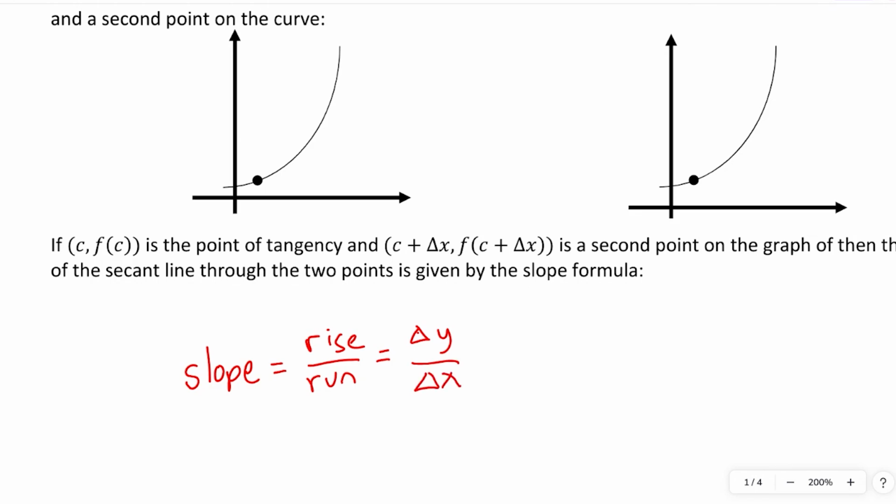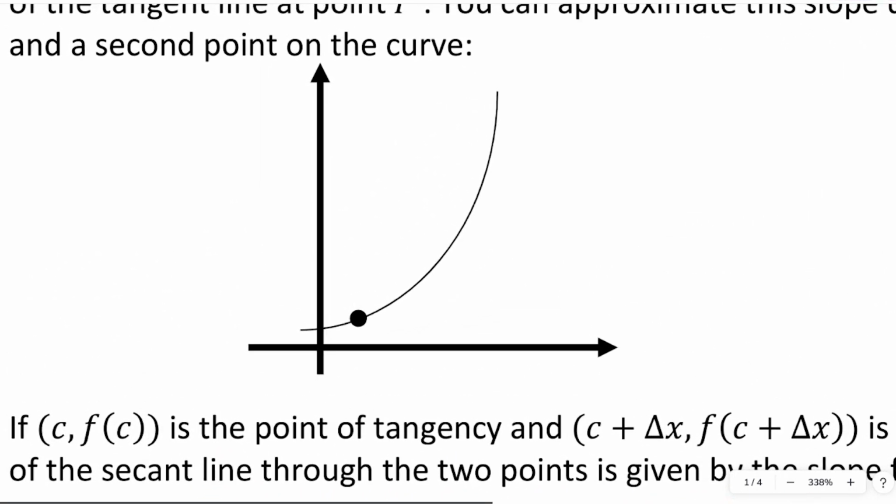This Greek letter delta typically means change in mathematics. And you may have even had a more explicit formula for this, y2 minus y1 over x2 minus x1. So this formula is great, but the problem is that you need 2 points to actually find the slope. So if we just want to find the slope at a single point, well, this is kind of why we had the problem in the first place back in the 1600s.